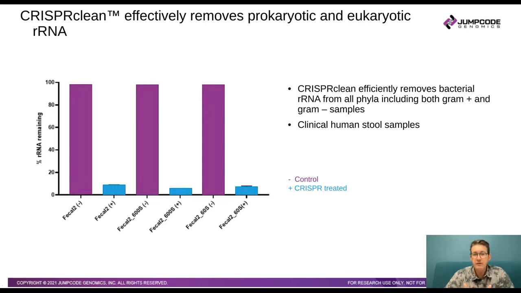But then after depletion, you can see in each of these samples, we're reducing the ribosomal content to below 10% and in some cases below 5% in these 3 sample types. And so we're seeing efficient removal of bacteria and human ribosomal RNA, and that includes gram-positive and gram-negative bacterial samples. And as I mentioned, the samples processed were clinical human stool samples.